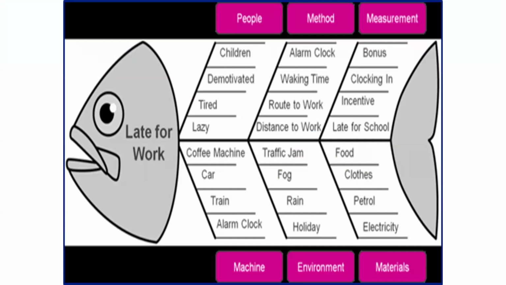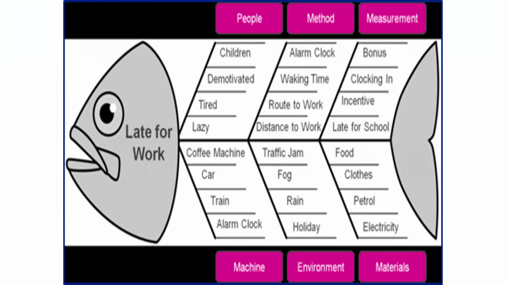The root cause analysis, the first step is to identify the problem. What's the problem we have had in our workplace? In this case, we will write this on the head of the fish. Late for work. Somebody comes late for work.